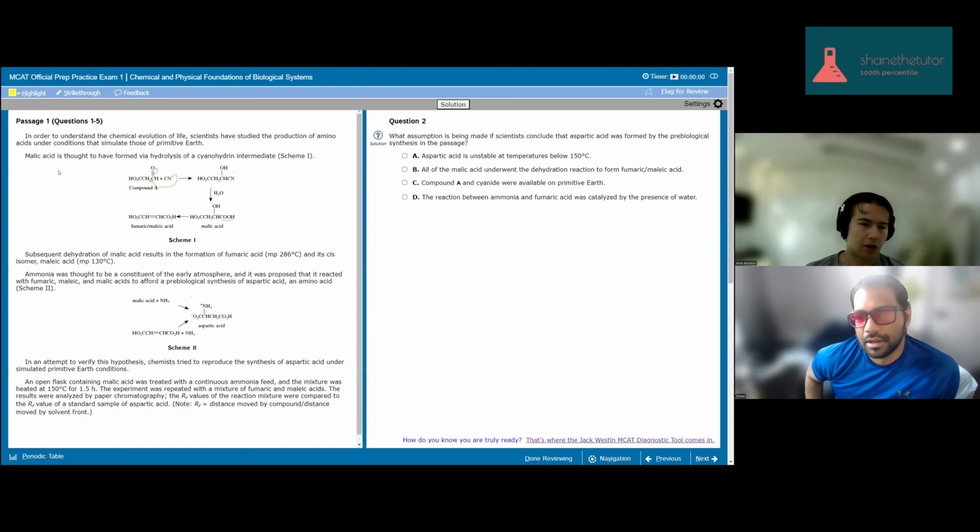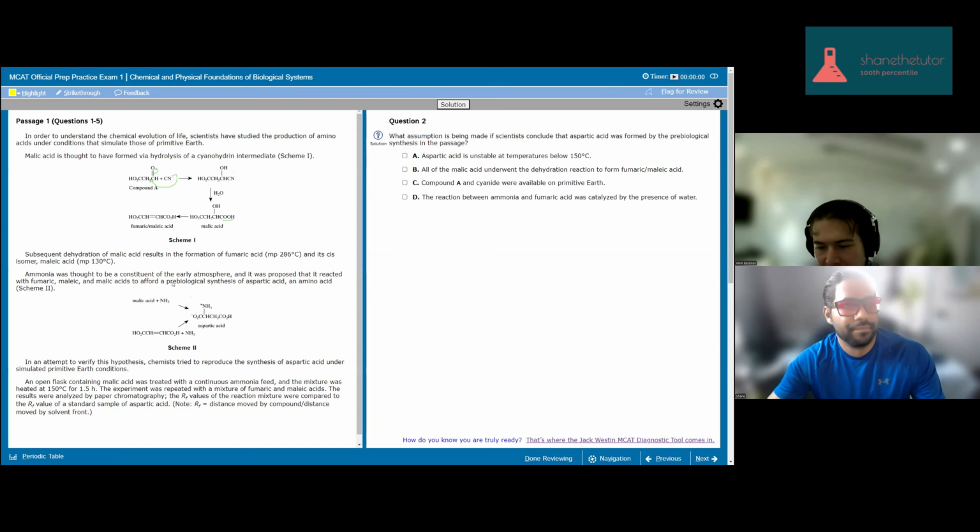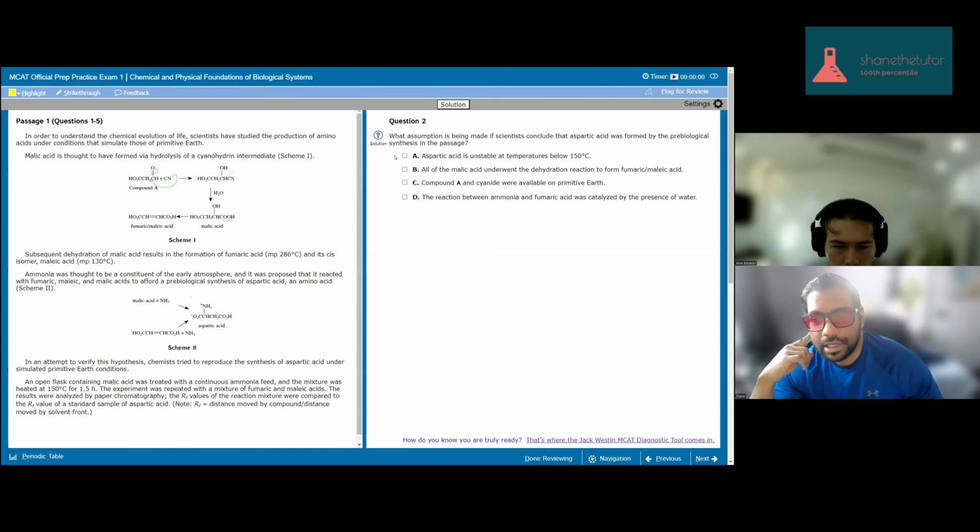Well, actually, hold on. We can go through them from A to D. A, aspartic acid is unstable at temperatures below 150. I wasn't sure about that answer. I was tripped up by it on the exam. Let's say this is an assumption the scientists made.